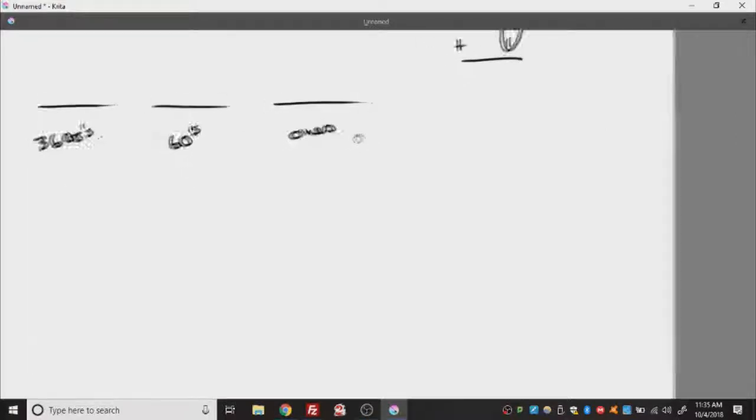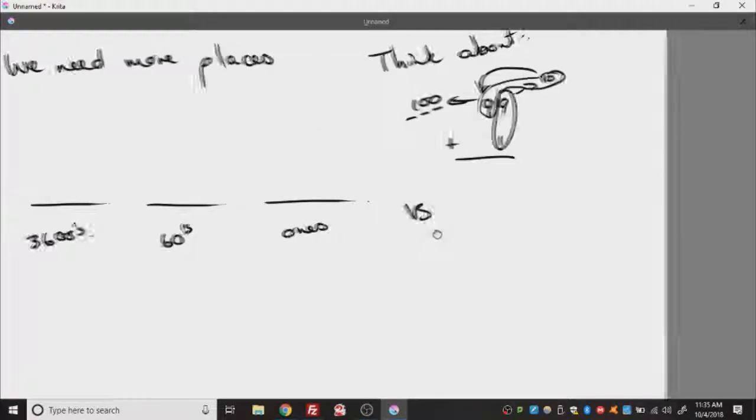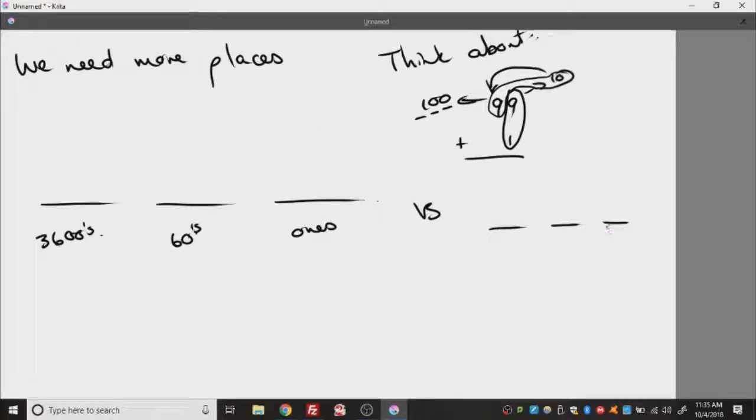Think decimal. Decimal counts ones, tens, hundreds, and so on, right? What is the link between a 10 and 100? Why 100? That's not random. 100 is 10 groups of 10, or 10 times 10, 10 squared.